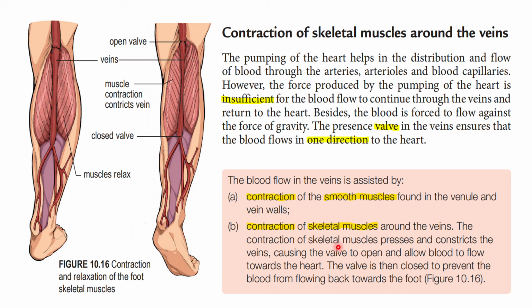The contraction of the skeletal muscles will constrict the veins, causing the valve to open. Here it will open, and then it will allow the blood to flow towards the heart. And then the valve closes to prevent the blood from backflowing to the foot.